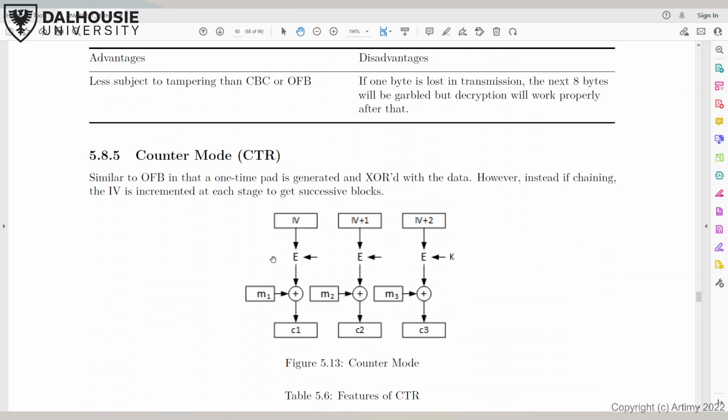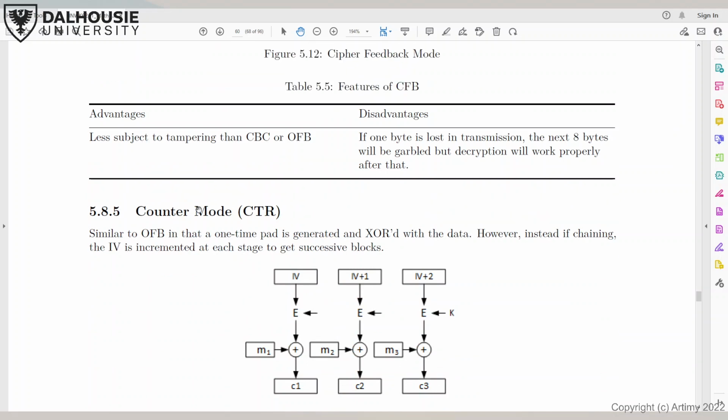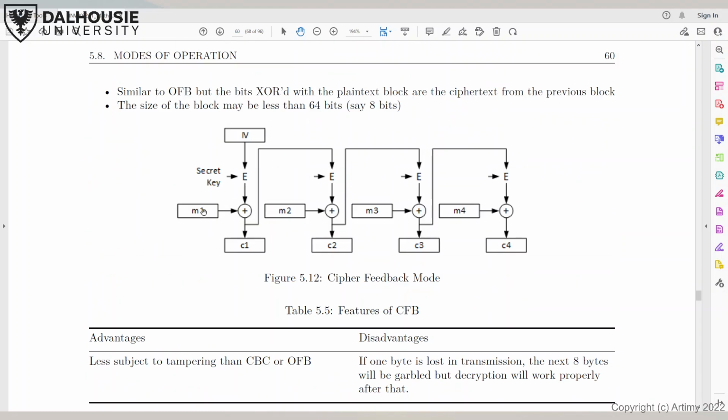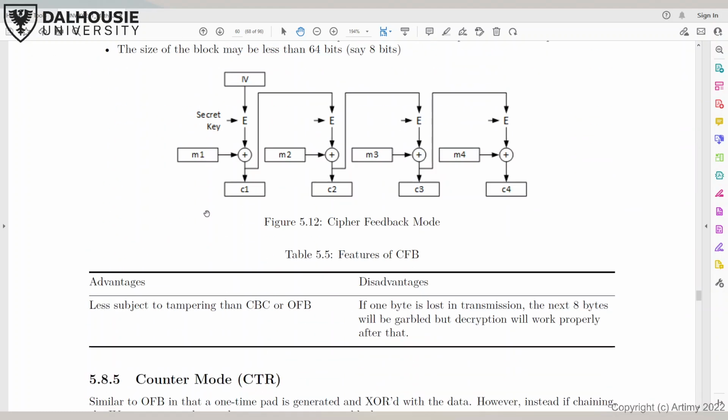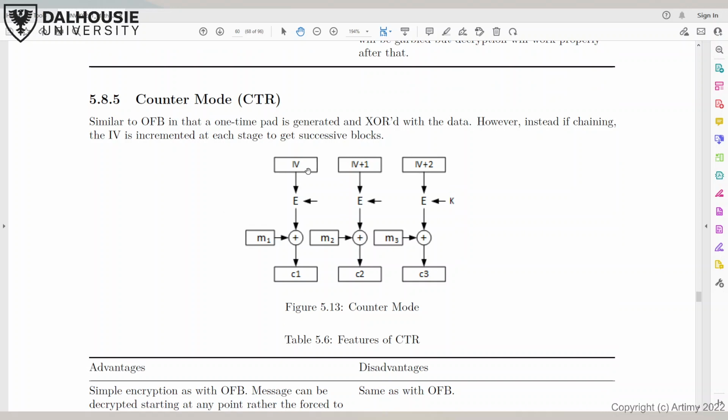The counter mode, or CTR, is similar to the OFB, similar to the feedback, this one. It takes the initial vector, encrypted, XOR the output with the message, we get the cipher.